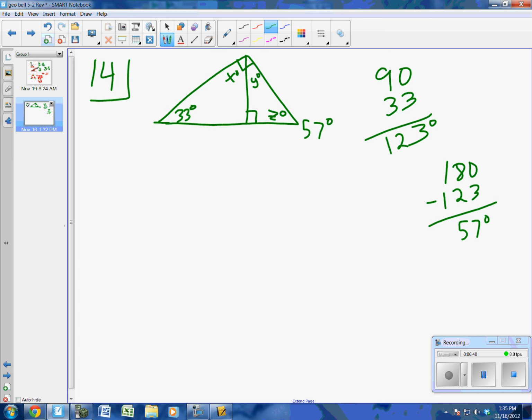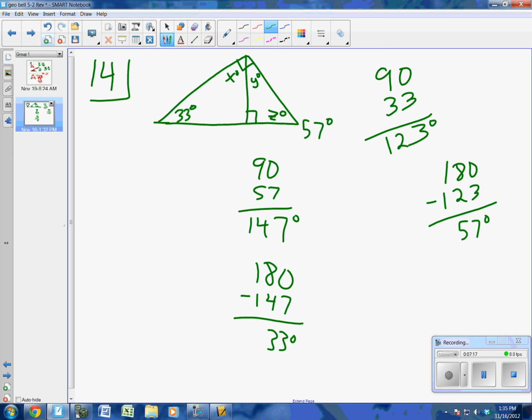Can we use that to help us find one of those angles? Well, if this is 90 degrees and this is 57 degrees, we can find y now, can't we? Because we have a 90-degree angle plus a 57-degree angle, and those add up to 147 degrees. So if we take 180 minus 147, what does that make? 33 degrees. So we have y is 33 degrees.